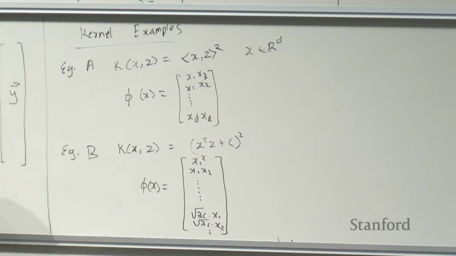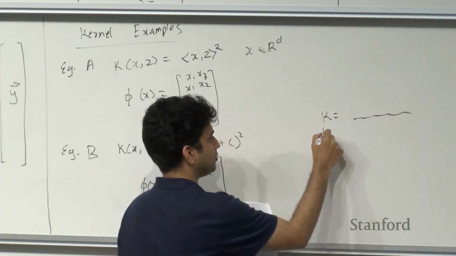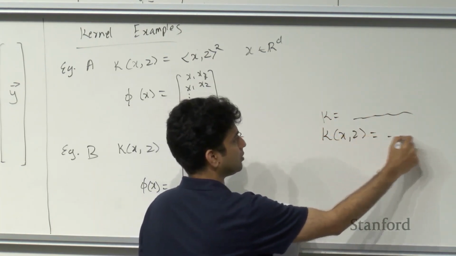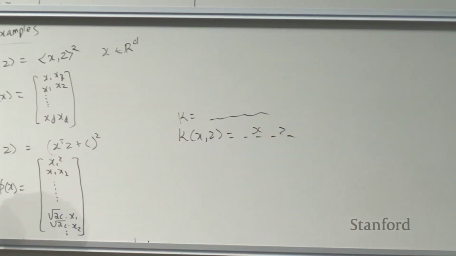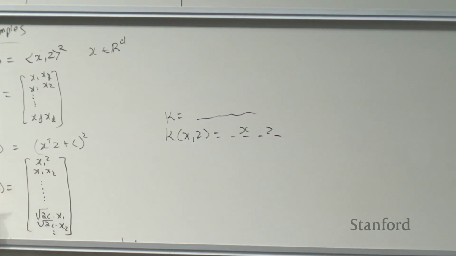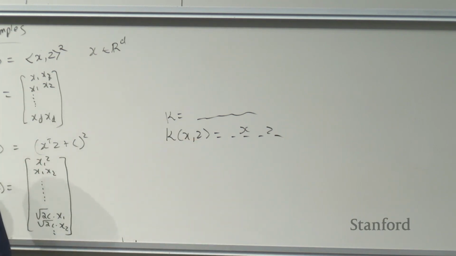But in practice, the way things go in research is that people come up with a function k of x comma z equals something that involves x and z, and then try to convince themselves that you can come up with some feature vector for it. In reality, people come up with functions and try to prove that it's a kernel rather than starting with a feature map and seeing if there's a kernel corresponding to it. Right? And kernels can also be seen as similarity metrics.